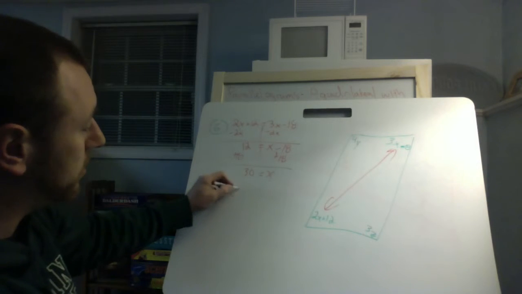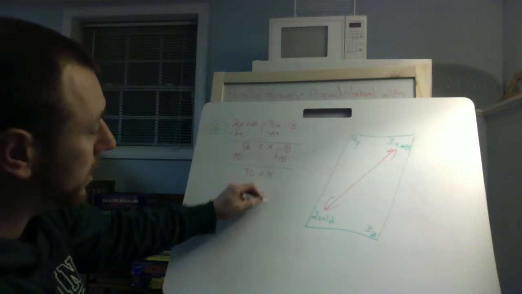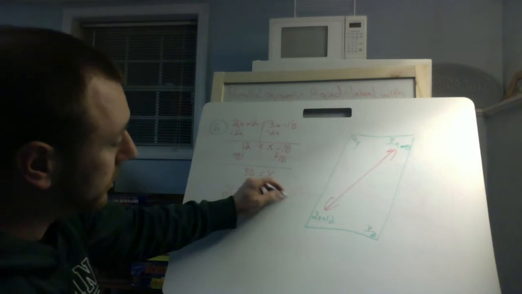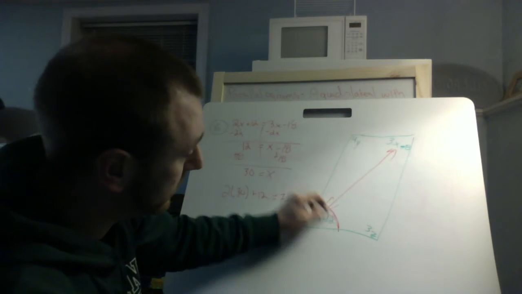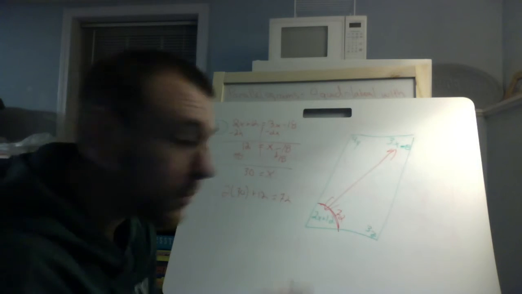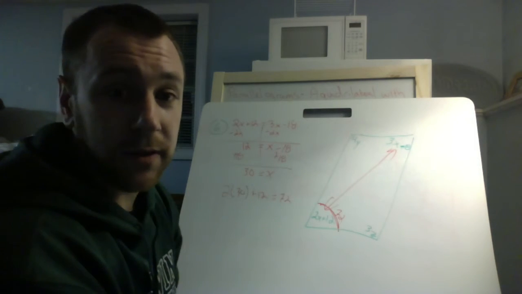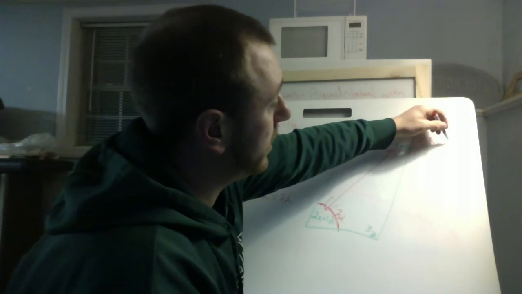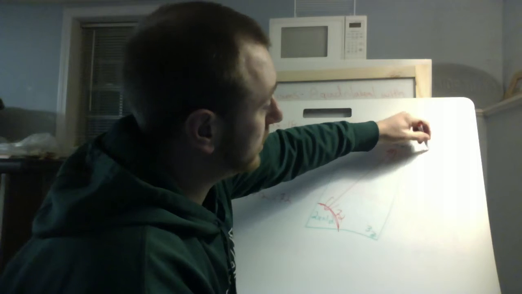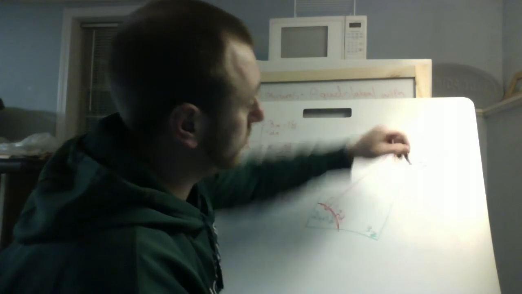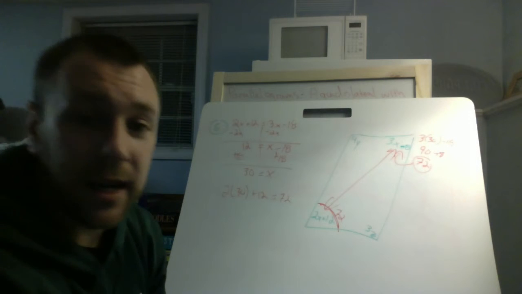So 2 times 30 plus 12: 2 times 30 is 60, plus 12 is 72. That is that angle right here, 72 degrees. It should be the same over here. So 3 times 30 minus 18 is 90 minus 18, that's 72.